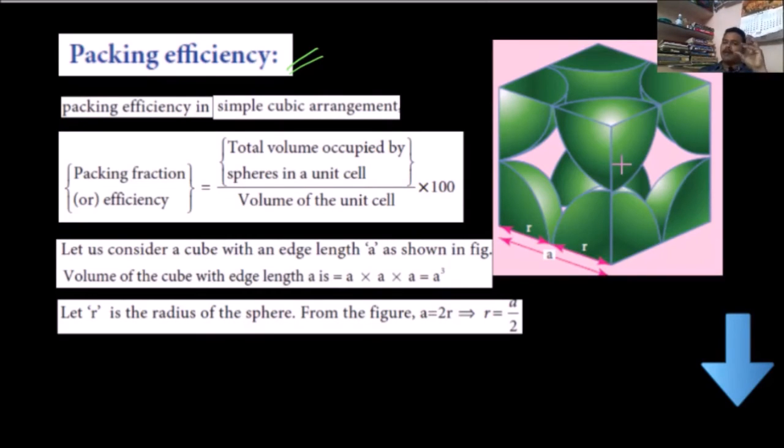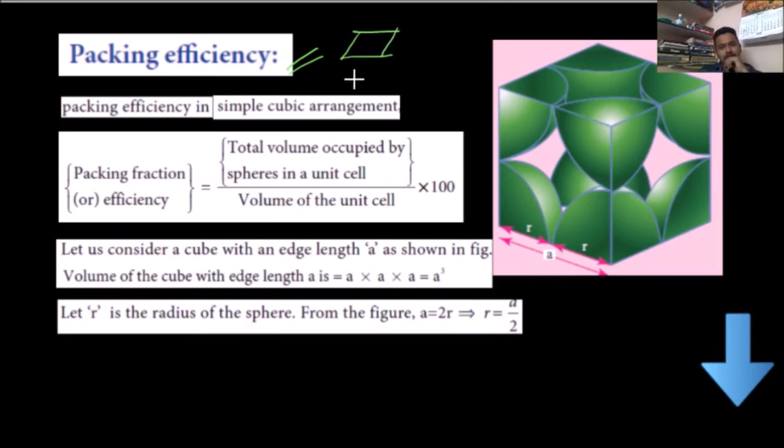In a particular volume, in one case one atom is occupied, in another case 2 atoms, in another case 4 atoms. The case in which 4 atoms are occupied has more packing efficiency.